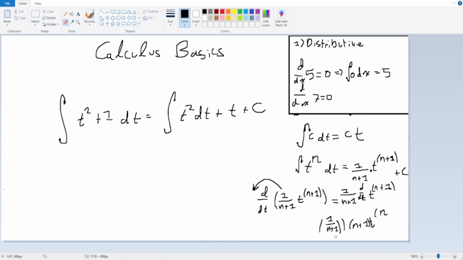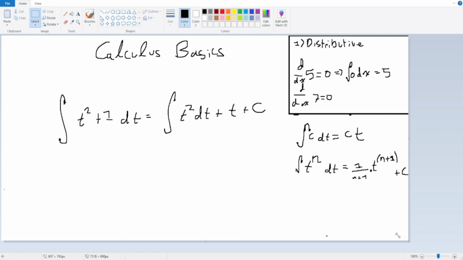So what is n plus 1 times 1 over n plus 1? I hope you know that they cancel out, so we can go ahead and delete those. And we are left with t to the power of n, which is our original function. So that is our sanity check that we can do when we're doing integrals to see if we are doing them correctly.